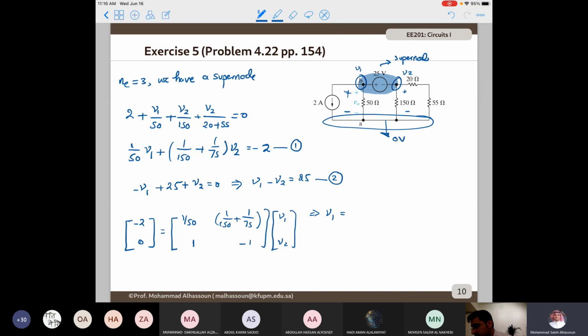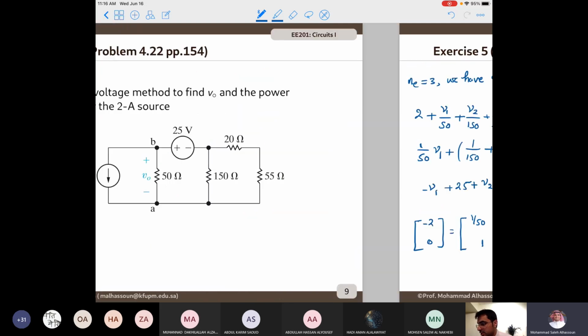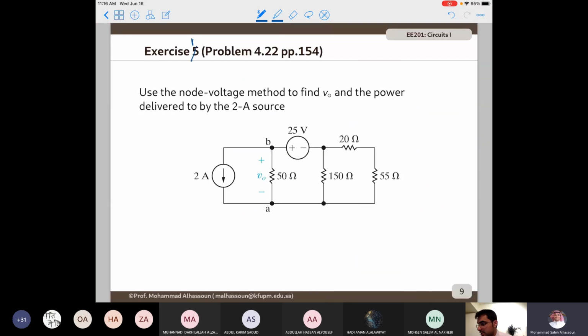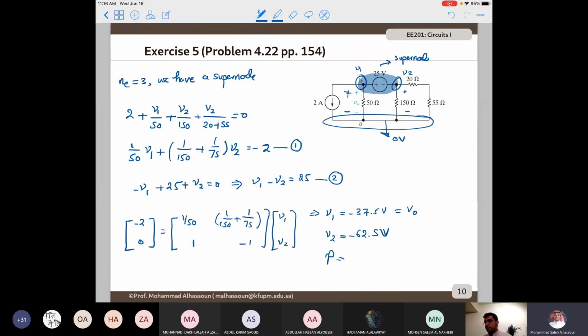So V1 is minus 37.5 volt. And remember, V1 is actually V0, right? V2 is minus 62.5 volt. And the power of the 2 ampere source, using the passive sign convention, we should choose the positive sign here.